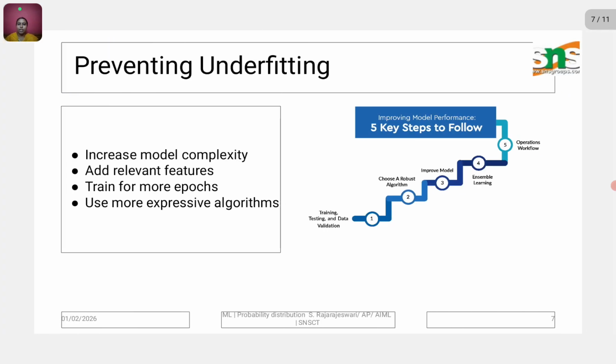Today in this lecture video we are going to see how to prevent underfitting. Here are five key steps to follow to prevent underfitting. First is training, testing, and data validation, then choosing a robust algorithm, improving the model, ensemble learning, and an operations workflow.